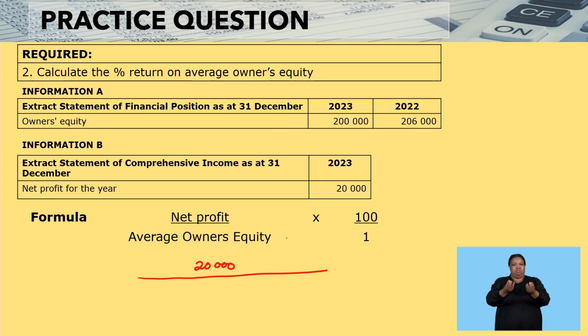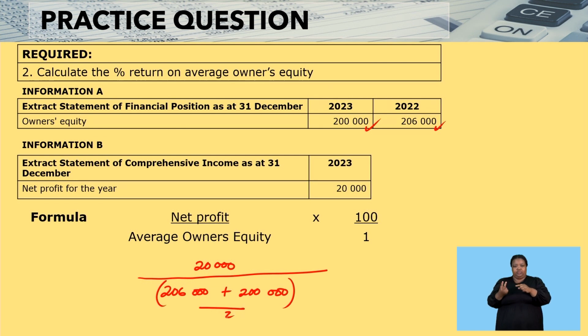To get average owner's equity, I'll be saying the opening owner's equity, which is 206,000, plus the closing owner's equity, which is 200,000. I add these and I divide them by 2.